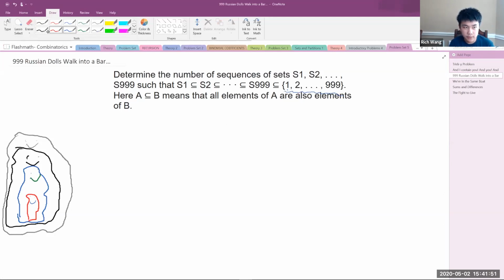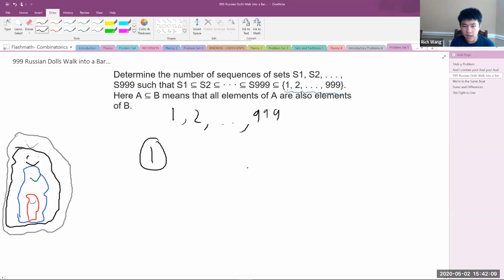So as with the previous problem, we get the intuition or the idea to just look at each element individually. So for example, we look at element 1 individually, element 2 individually, and so on. So for clarity, let's just say that we look at element 1.